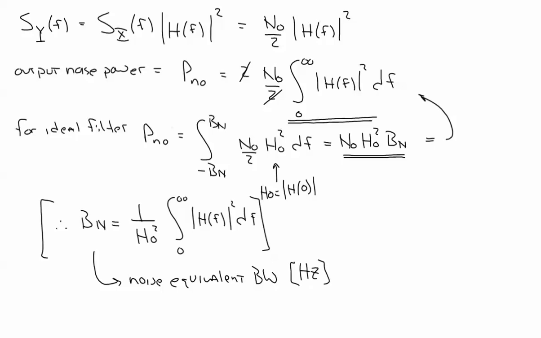The noise equivalent bandwidth in hertz is given by that relationship. There's a time domain relationship for noise equivalent bandwidth that I'm going to derive for you in just a couple of seconds. But before I do that, I want to look at the noise equivalent bandwidth for a bandpass filter. Turns out the relationship is pretty much the same.